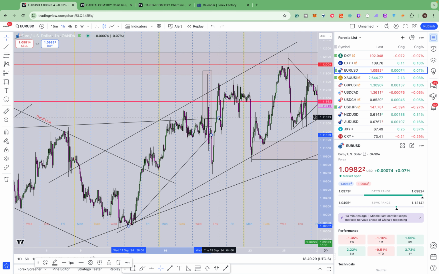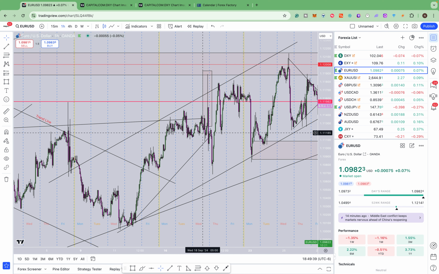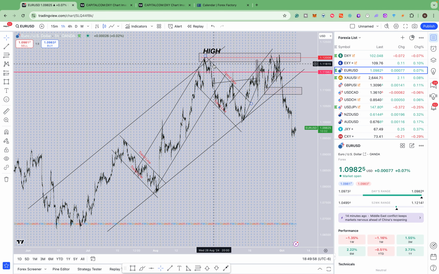And this was the FOMC event. Right? We have that big bullish pennant, whatever you want to call it, that rising wedge. And then the FOMC event, extremely bullish, an extremely hard push to the highs, making everybody believe that the euro was going to continue this uptrend that it's been in for an extremely long time.